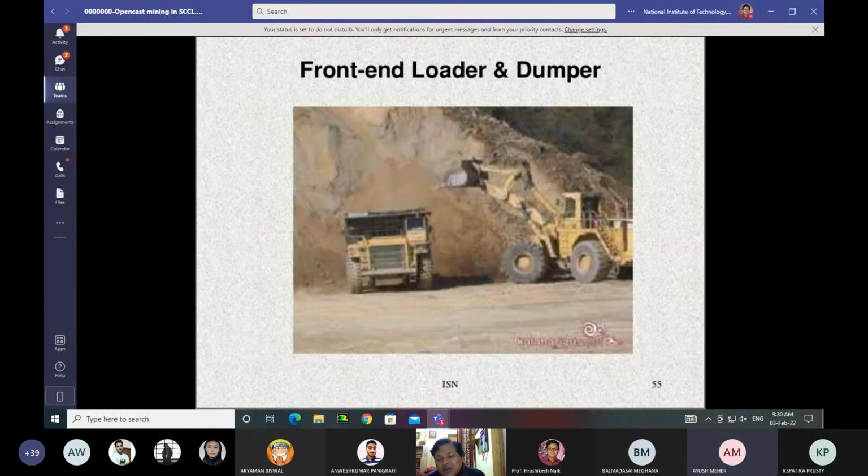But in the second picture we see the shovel is on an upper surface relative to the dumper, so there is a different type of shovel. It depends on the surface.